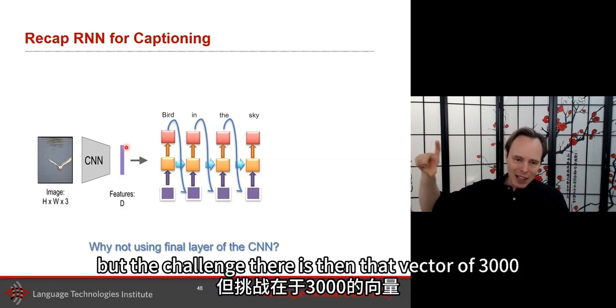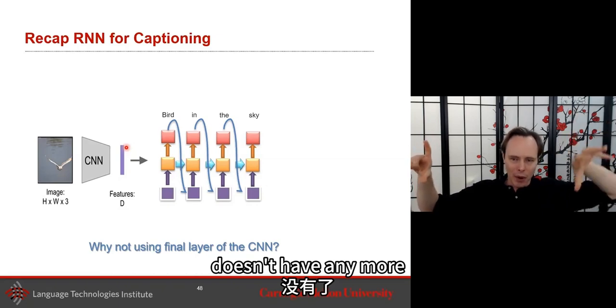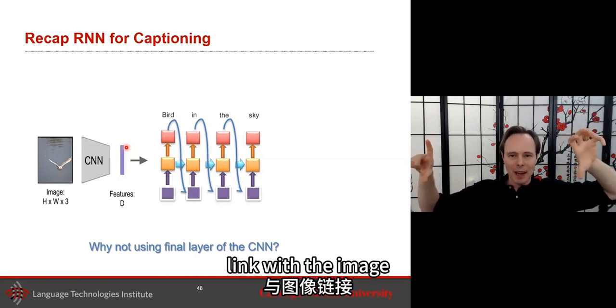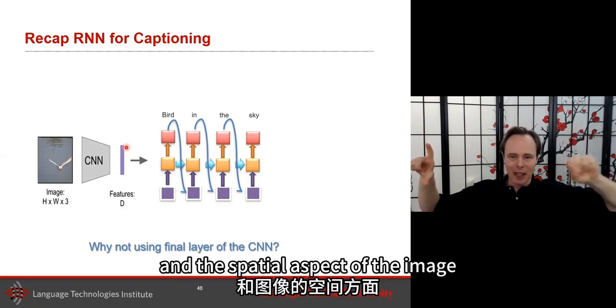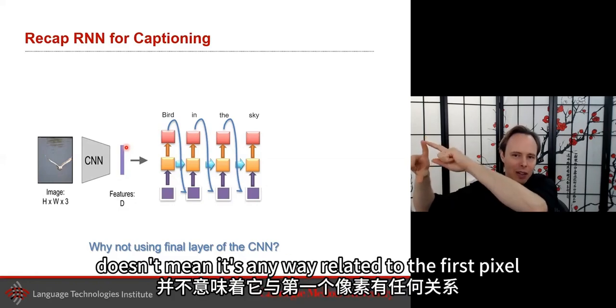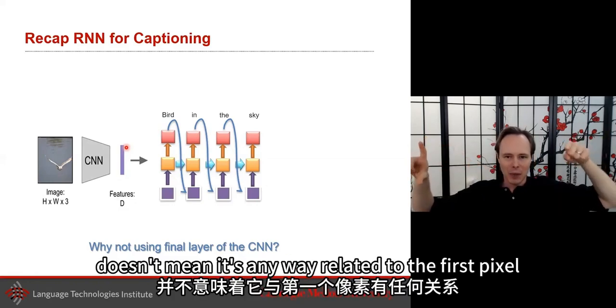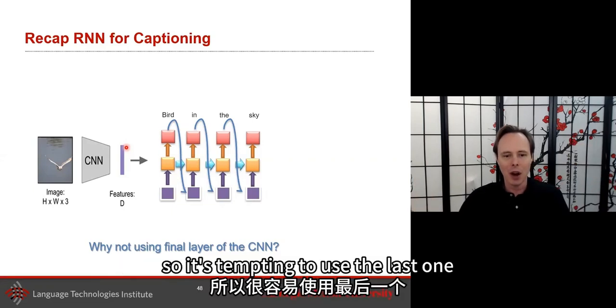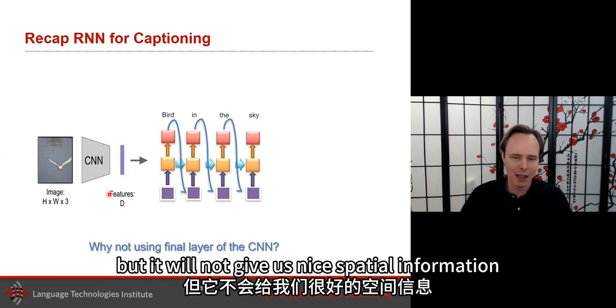But the challenge there is that the vector of 3000 doesn't have any more link with the spatial aspect of the image, because the first dimension of that 3000 is not in any way related to the first pixel. So it's tempting to use the last one, but it will not give us nice spatial information.